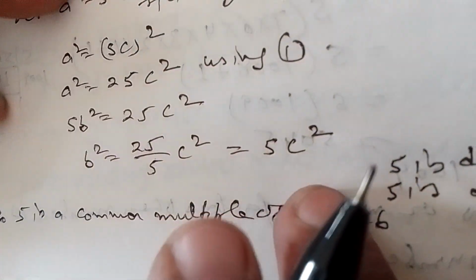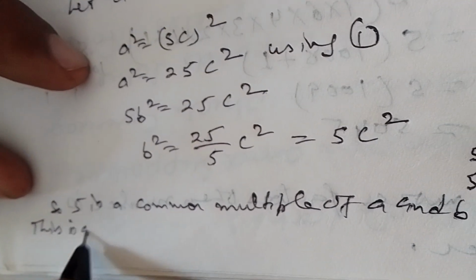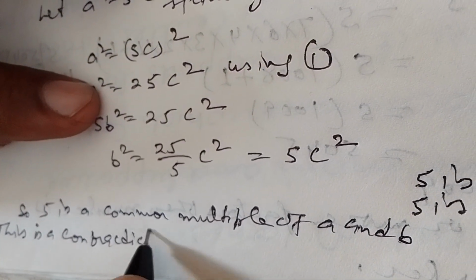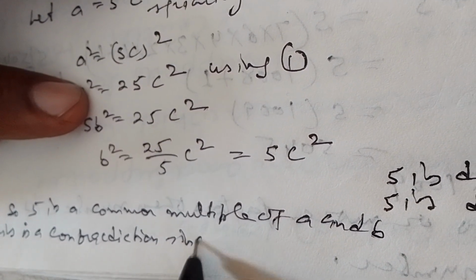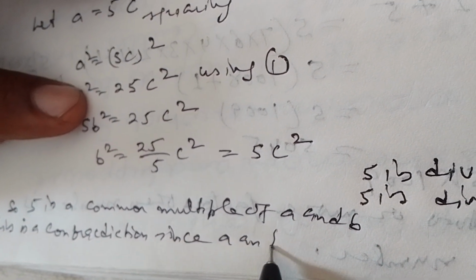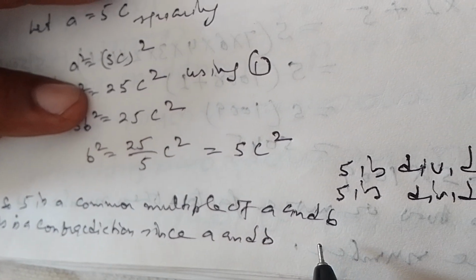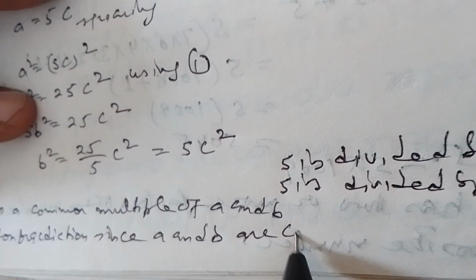This is a contradiction. A contradiction means against the assumption, since a and b are co-prime.